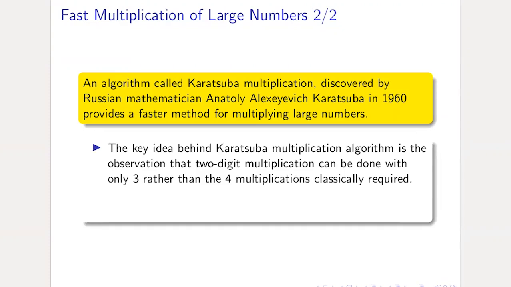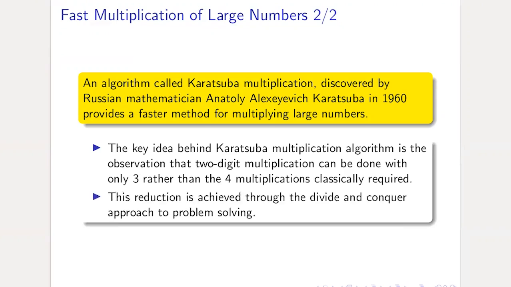I will explain what the 3 multiplication, 4 multiplication scenario is. But this reduction is a very important reduction, because if you are doing a million multiplications, rather than doing 4 multiplications, doing 3 multiplications is a huge saving. Now this reduction is achieved through basically a divide and conquer approach.